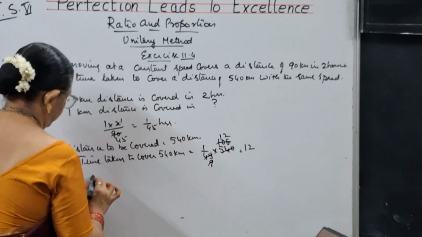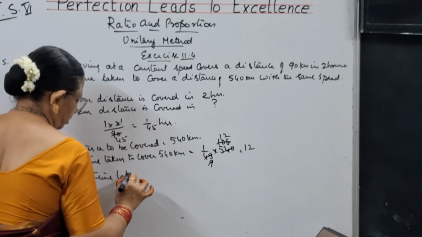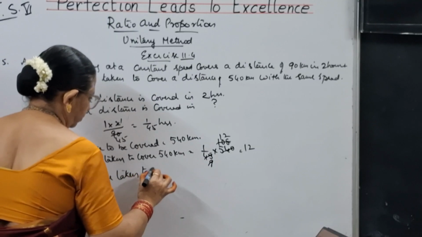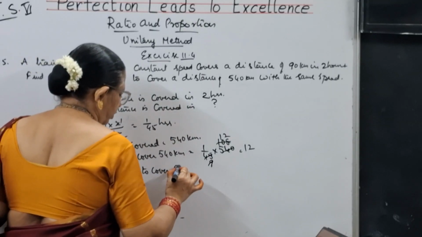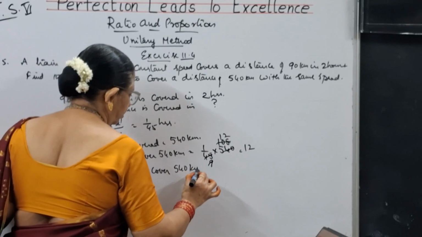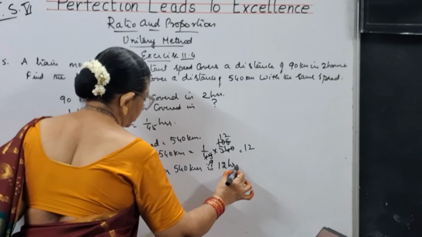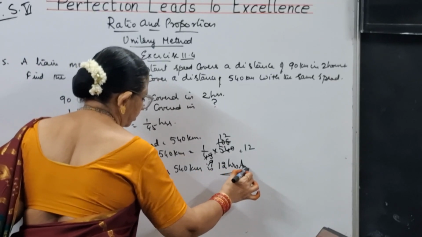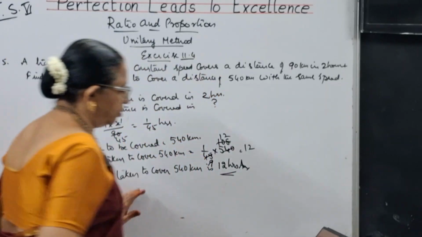So time taken to cover 540 kilometers is 12 hours. This is the answer for this problem, children. Please note it down.